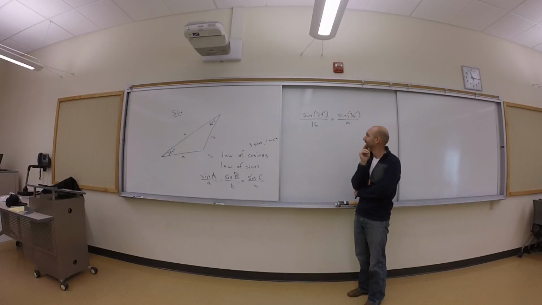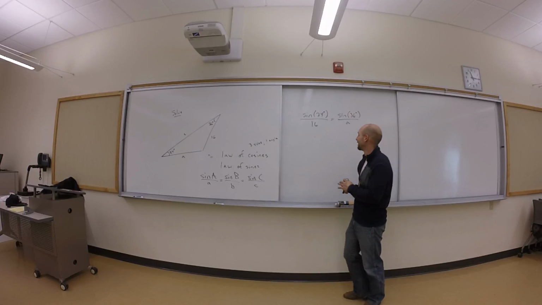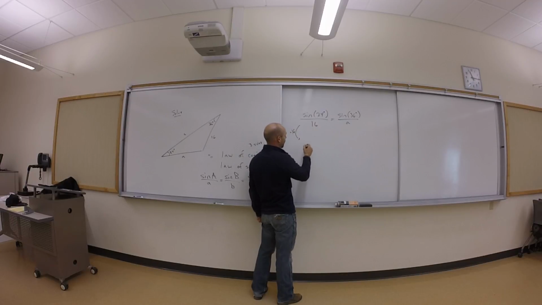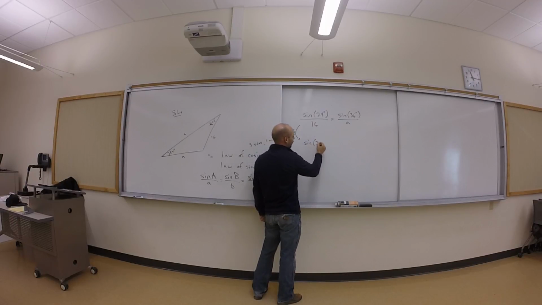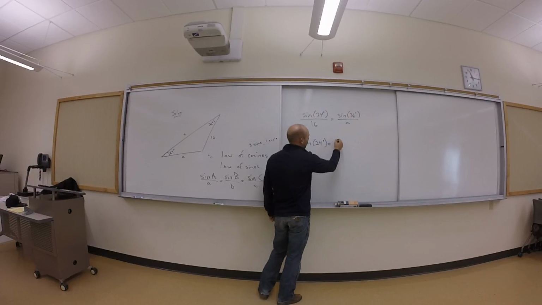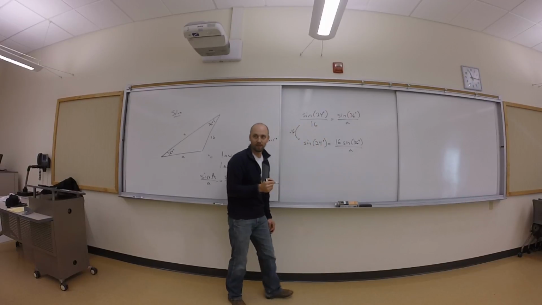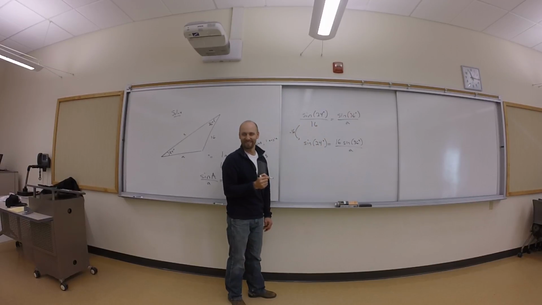Multiply 16. Okay. Both sides. So we want to multiply both sides by 16. Sure. So I get sine of 24 degrees is 16 sine of 36 degrees over side A. Does that help? Kind of.